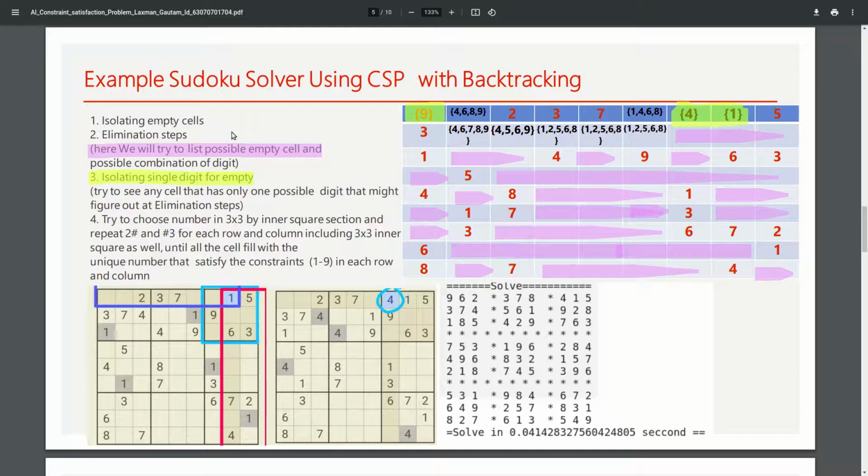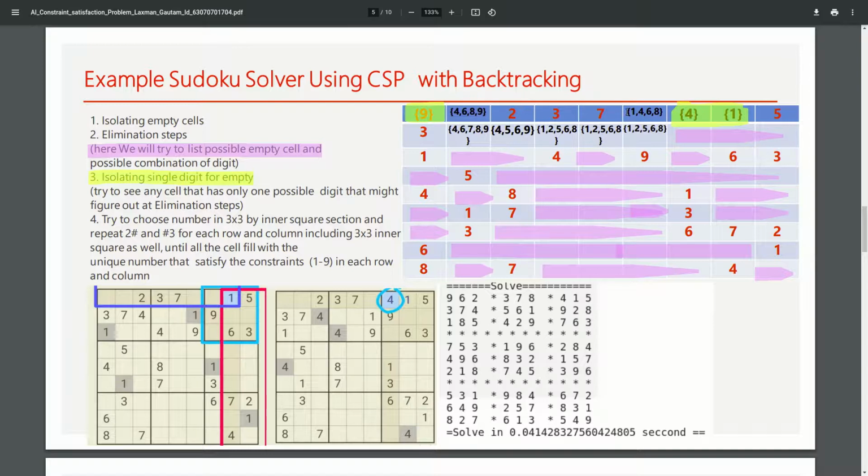The second step is elimination, where we try to list all the possible numbers that could apply to every cell. What does that mean? In this first row and first cell, if you look at the row and column, only 9 is possible. The possible number for this cell is 9, and for this cell the possible numbers are 4, 6, 8, 9.